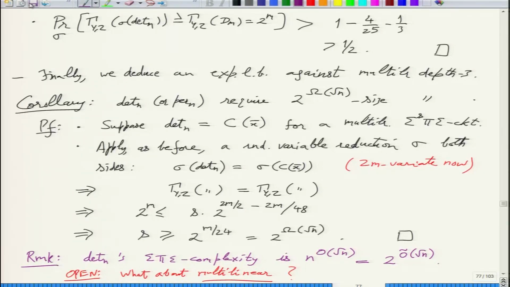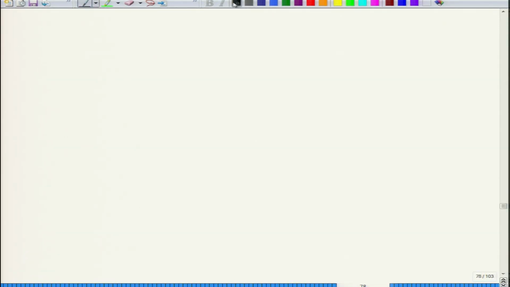So the next thing we should do next time, which is tomorrow, is generalize this to higher depths, to constant depth multilinear circuits.